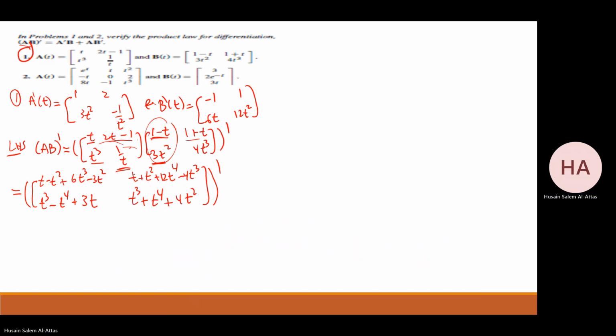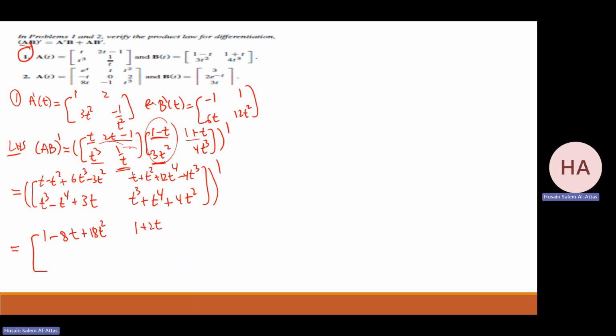Then I need to find now the derivative. That means I need to write the derivative of each term. I have 1 minus 2t, minus 3t squared, minus 4t squared, so that will be minus 8t plus 18t squared. This one, I have 1 plus 2t.